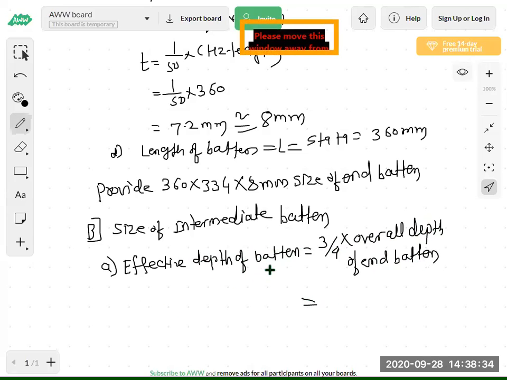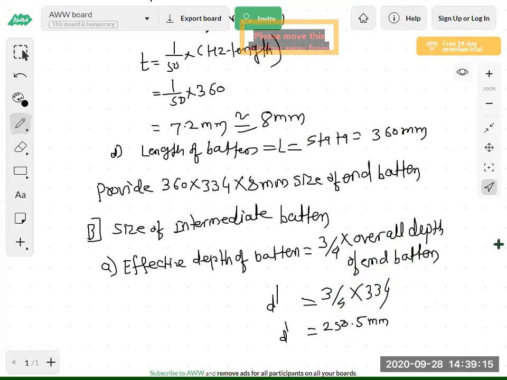So effective depth of intermediate batten, that is D dash, is equal to 3/4 into overall depth. So overall depth we have calculated for the end batten. So 3/4 into overall depth, how much? 334. So calculate here the effective depth of intermediate batten: 250.5 mm.